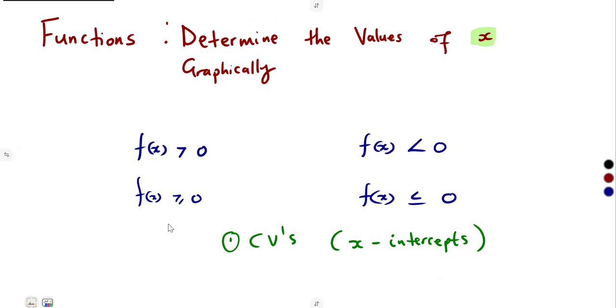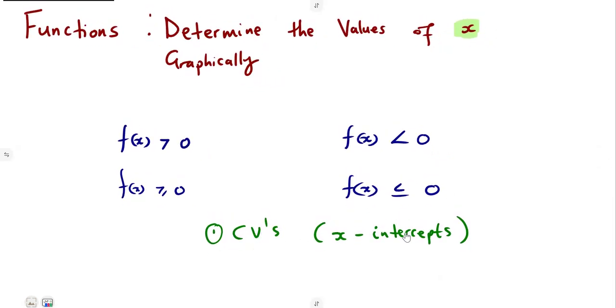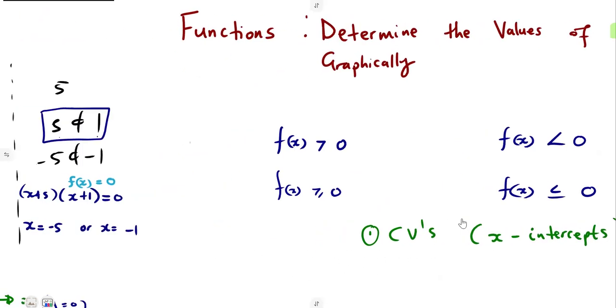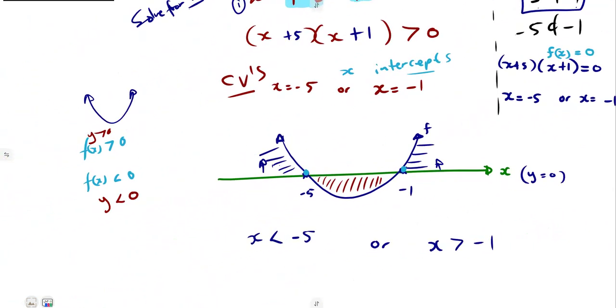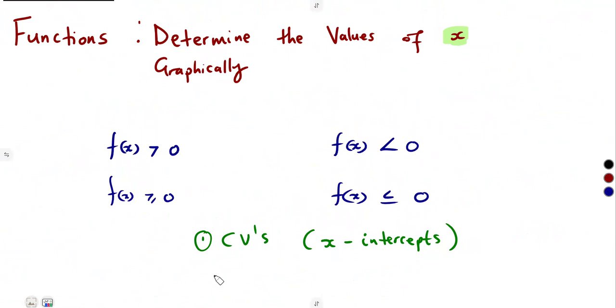For a logarithmic graph or an exponential graph, it will have just one x-intercept. You compare from there. So your critical values are the x-intercepts. After knowing your x-intercepts, what are you going to do? You compare with the x-axis where y is equal to 0. So that will be your final solution. You compare with the x-axis.